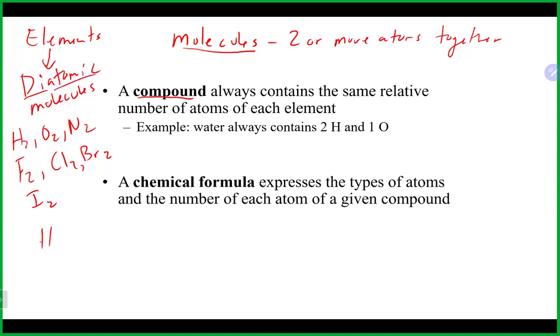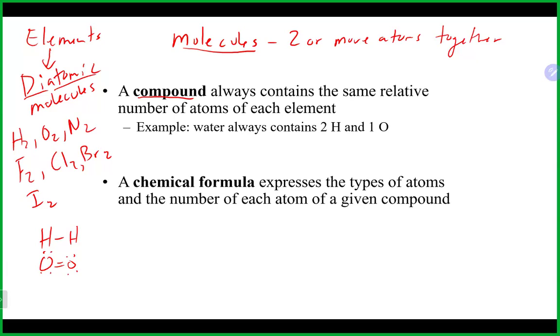So hydrogen is two hydrogens, oxygen is two oxygens together, and so forth. Each of these, in addition to everything else on the periodic table, are elements. But these 7 can also be classified as molecules because they meet the basic definition of a molecule: you just need two or more atoms together.